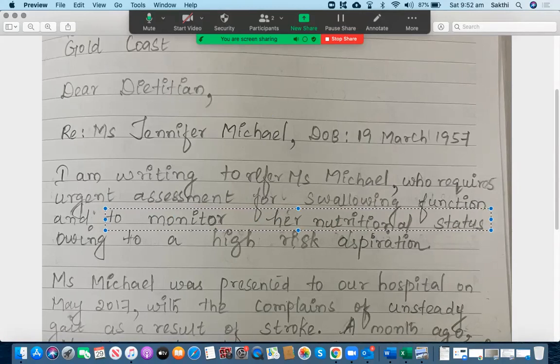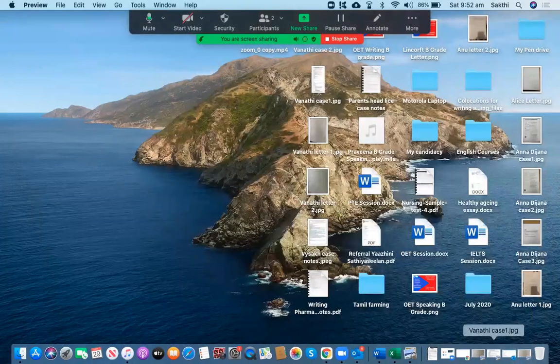What you could have done is mention for following swallowing function and monitoring of her nutritional status. That could have been much better, because that's in the same form, isn't it? So instead of writing down to monitor, you can say and monitoring of her nutritional status.